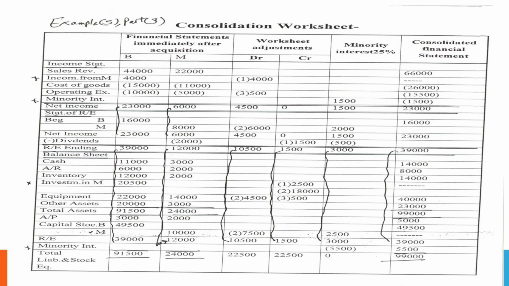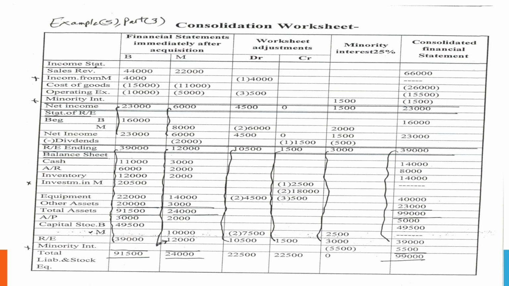Company B as a parent, 49,500, 39,000. It comes from up there. And minority interest, how do I do minority? Here we have 2,500, and this one 3,000. At the end it gave you minority of 5,500.